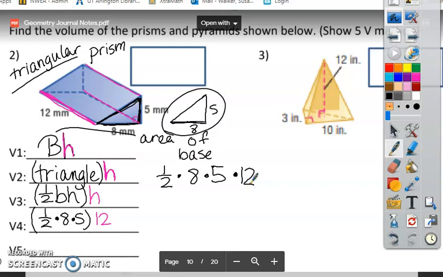So it doesn't matter the order. I am just going to go this way. I see half of 8, which is 4. Still need to multiply times 5. Still need to multiply times 12. 4 times 5. And if I'm going too fast, guys, please pause the video. It's 20. 20 times 12. Once I multiply 20 times 12, that gives me my answer.